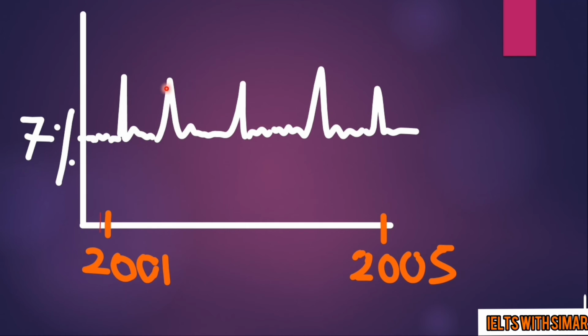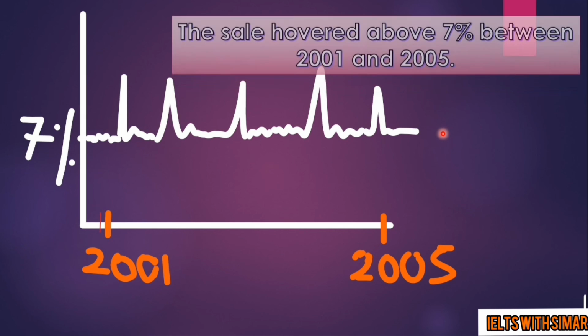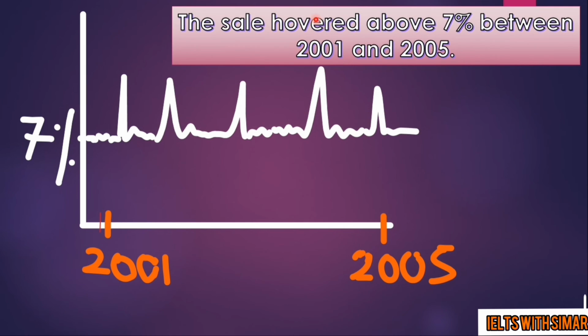Again it does like that, and likewise each and every data point is like this. So this is a fluctuation, but it stays at 7% after the fluctuation. So how can we write this? We can write like this by using hovered. The sale hovered above 7% between 2001 and 2005. So what is the word here? Hovered. This is the word hover.